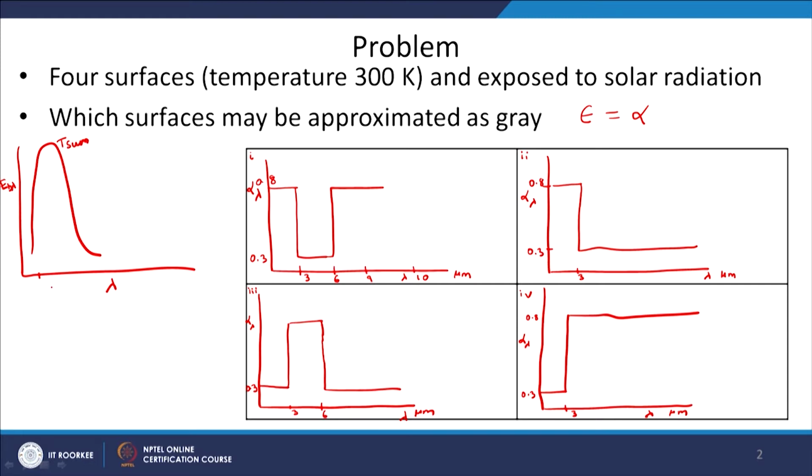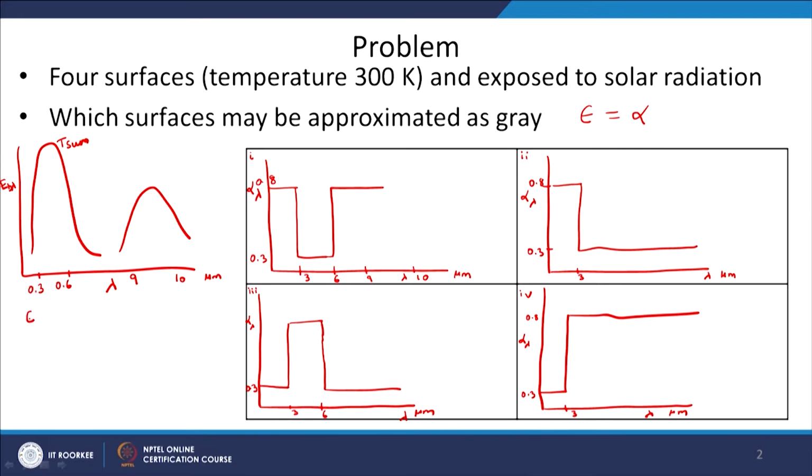This spectral emissive power peaks in the range of 0.3 to 0.6 micrometer. If you plot the black body emissive power of the surface maintained at 300 Kelvin, it will look like this, peaking in the range of 9 to 10 micrometer. Now we will calculate the emittance and absorptance of these surfaces.